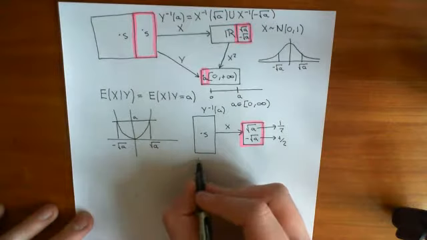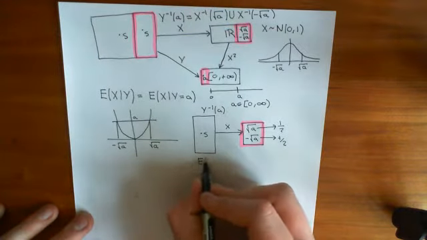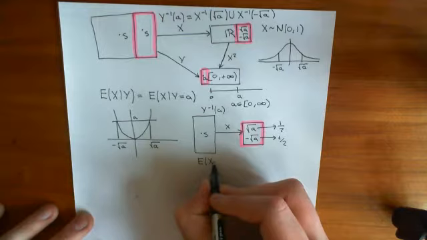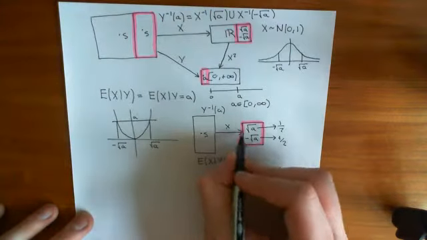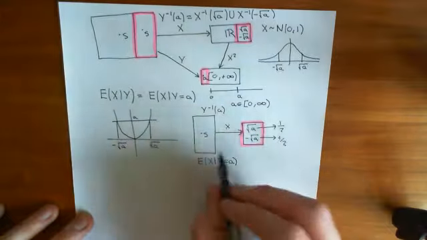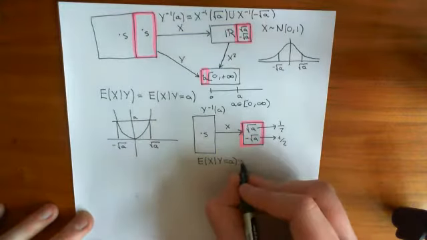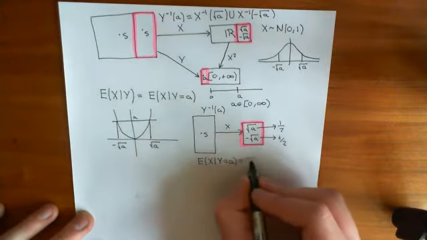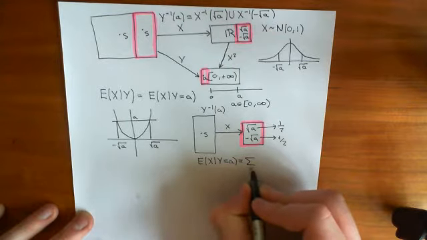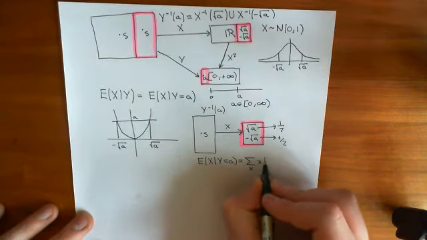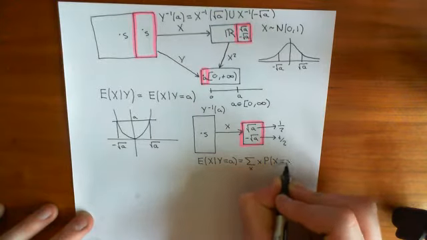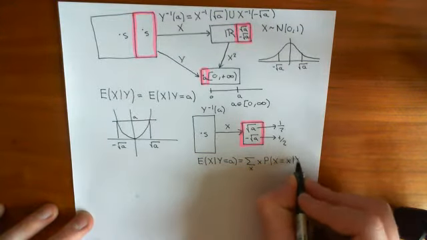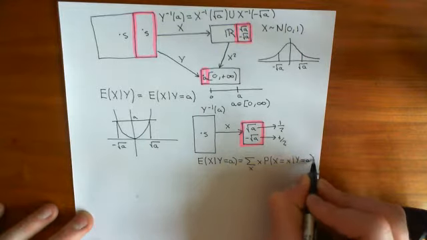So if we take the expected value of this random variable x, conditional on y equal to a, which is just the expected value of this random variable with this setup here, then basically it's going to equal the sum over all values that x can take on of that value of x times the probability that x is equal to little x, given that y is equal to a.